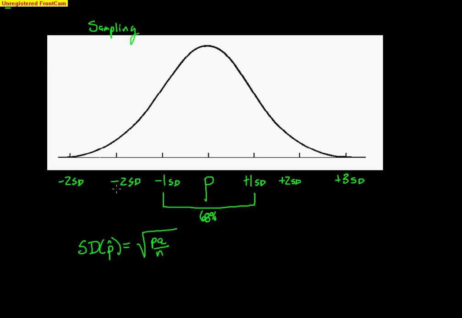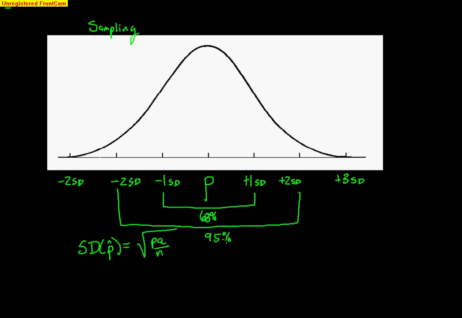We also know that 95% of those samples, or 95 out of 100 if there's 100 samples, will have a p-hat, a proportion, that falls within plus or minus 2 standard deviations from the truth.